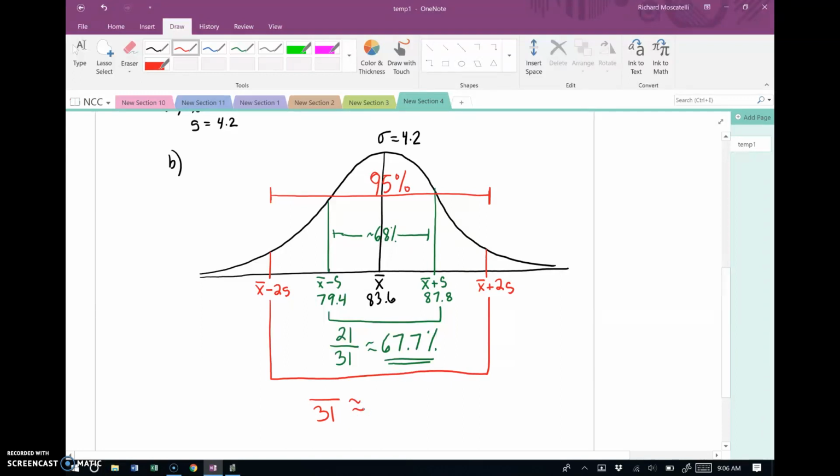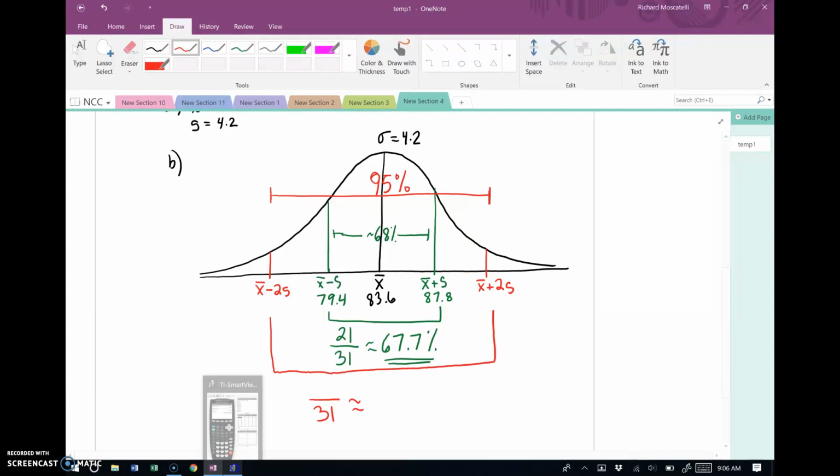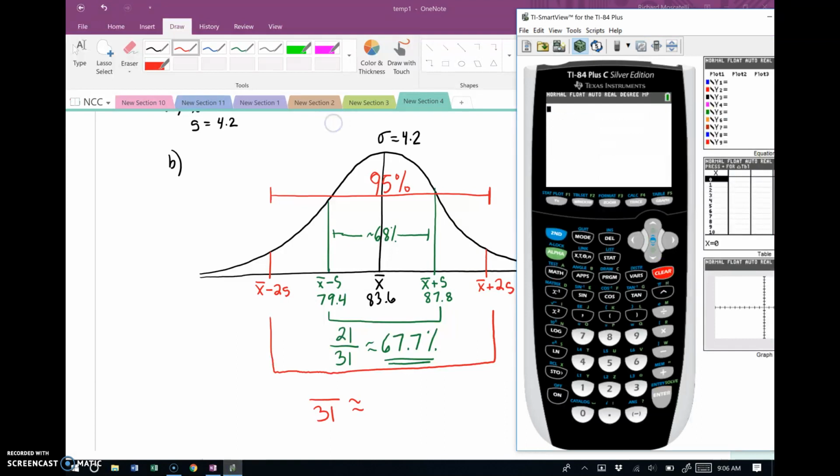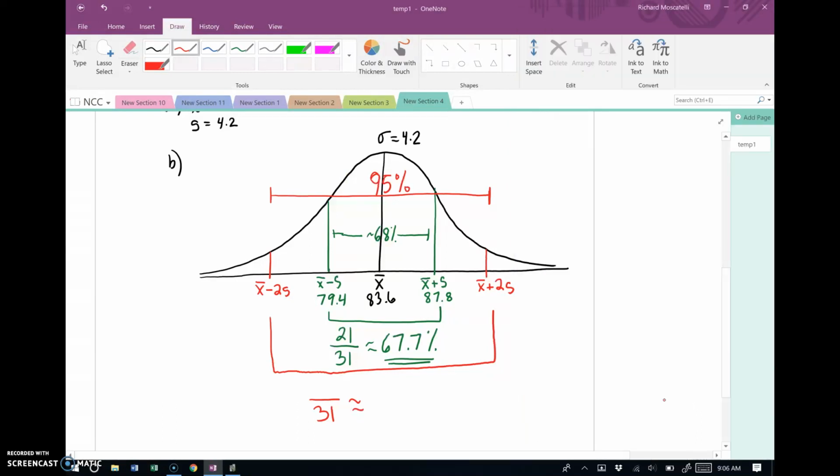Well, what we need to know first is, what are those values? I think I might have made this a little too big here. So let's get those values first. So 83.6 subtract twice the standard deviation of 4.2. All right, so that value is 75.2.